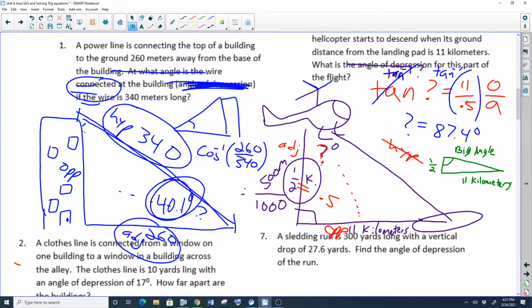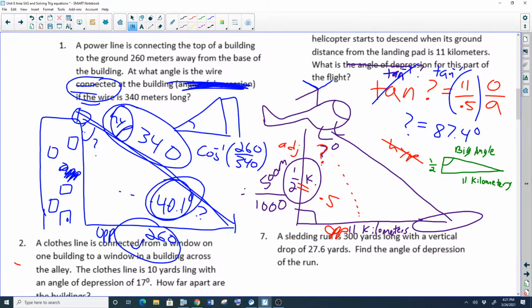It asks at what angle the wire is connected at the building. That would be right here. Instead of cosine, this is the opposite, 260, and this is the hypotenuse, which is 340.